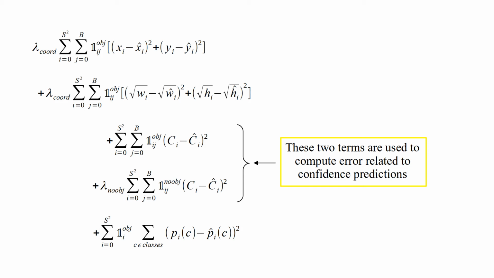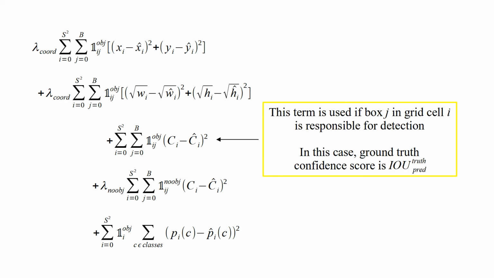The third and fourth terms are used to compute error related to confidence predictions. This term is used if box J in grid cell I is responsible for detection. In this case, the ground truth confidence score is the intersection over union between ground truth and predicted bounding boxes.